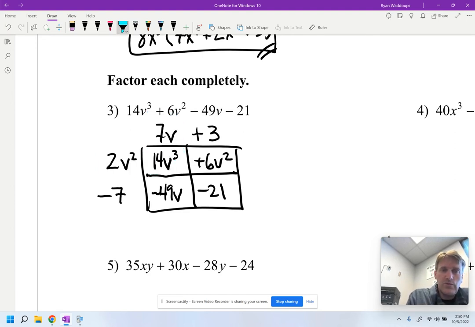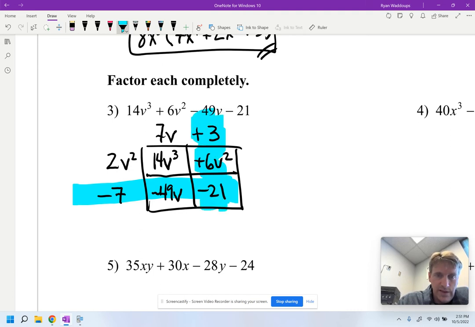All right, and then 2v times 3 is 2 times 3 is 6, and v squared, 6v squared, so that's good. 7v times negative 7 is negative 49v, that's good. And then finally, negative 7 times 3 is 21, and that's negative 21, so that's good.